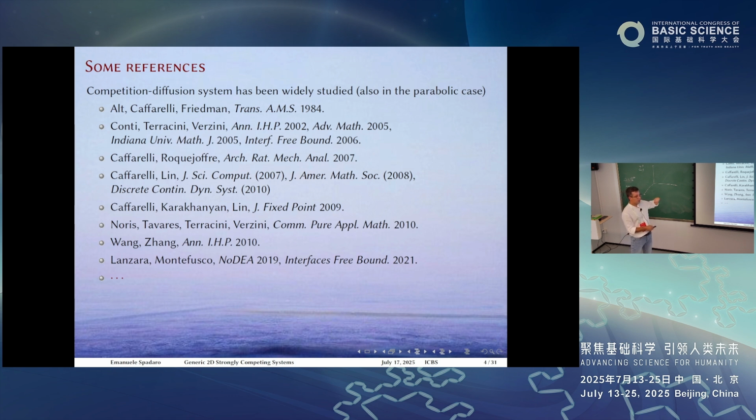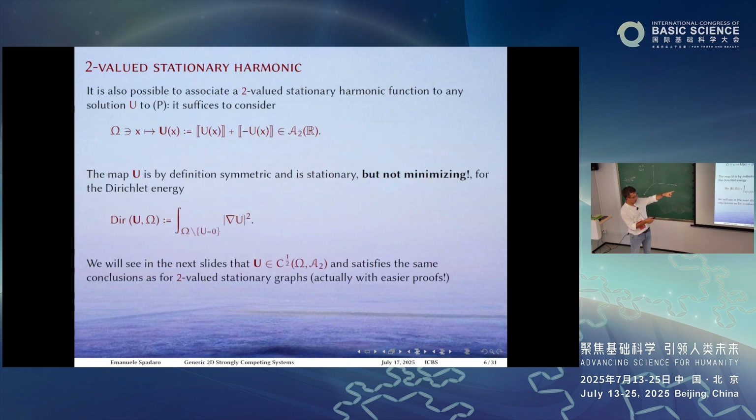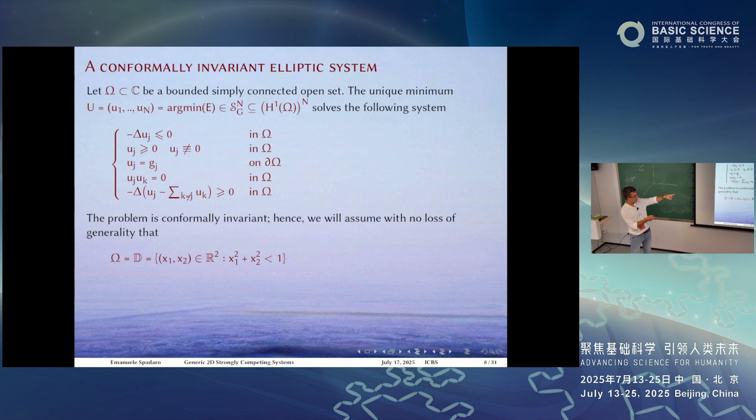They also study the parabolic case, and also the parabolic problem is well posed. So the asymptotic as time goes to infinity is unique and is exactly given by this variational problem. So you can expect that as time evolves, you also find these sorts of optimal partitions in the limit of time going to infinity.